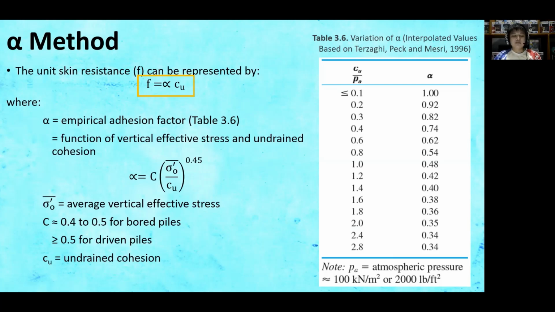Since for this method we may encounter layers with different Cu values, the resistance is equal to the sum of P times delta L times F. And it is better to present the solution in table form.